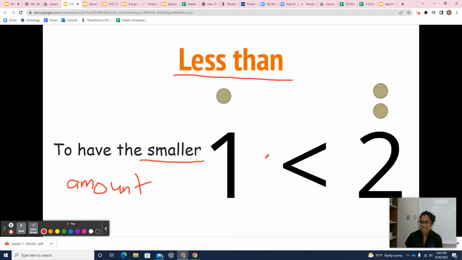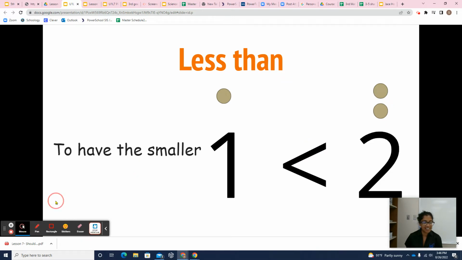So I can see that 1 is a smaller number than 2. So I would say 1 is less than 2. And I see that this symbol is pointing towards our smaller number. Our alligator wants to eat our bigger number, so it doesn't care about our smaller number. So we say 1 is less than 2.